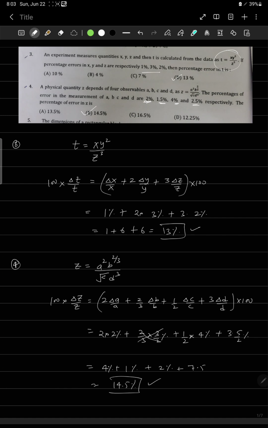So I hope you understood these types of questions. Let's see some other types of questions. Question number 5 says that the dimensions of a rectangular block are measured with a vernier caliper having a least count of 0.1 millimeter. Least count is basically a property of an instrument.